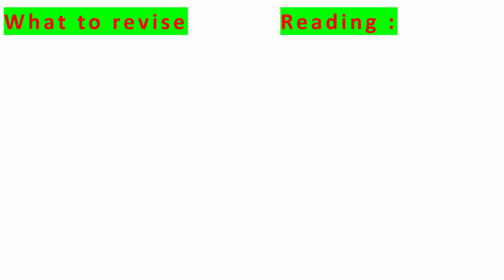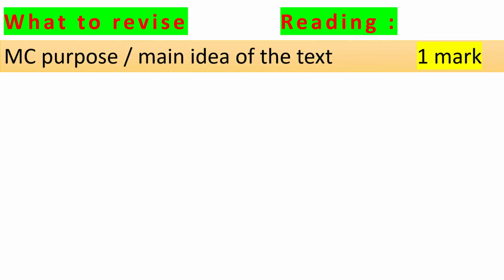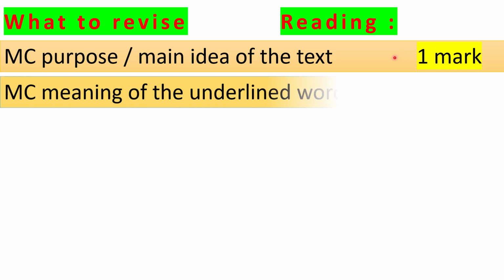Now, for the reading, you will always have one multiple choice question about the purpose of the text or the main idea of the text, and it will be out of 1 mark. Then another multiple choice question about the meaning of the underlined word from the text. It will also be out of 1 mark.